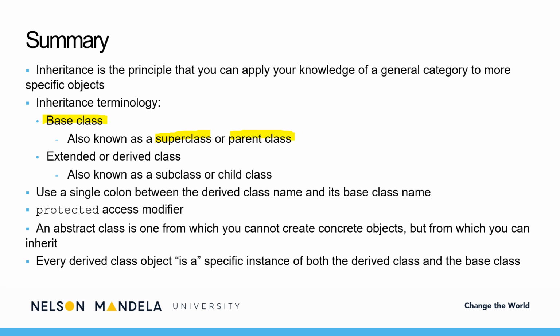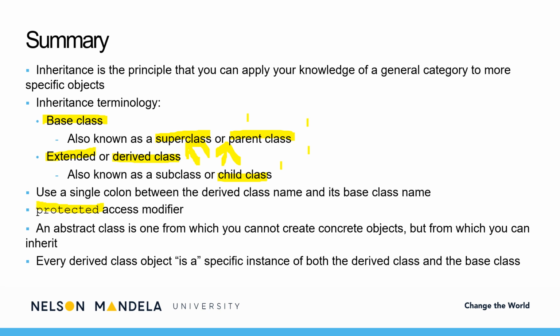And then the derived classes are the child classes, which inherit from the parent class or the superclass. Use a single colon to indicate that the child class inherits from the parent class.